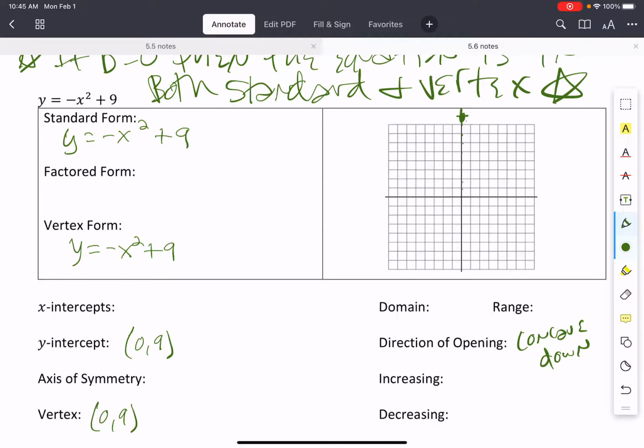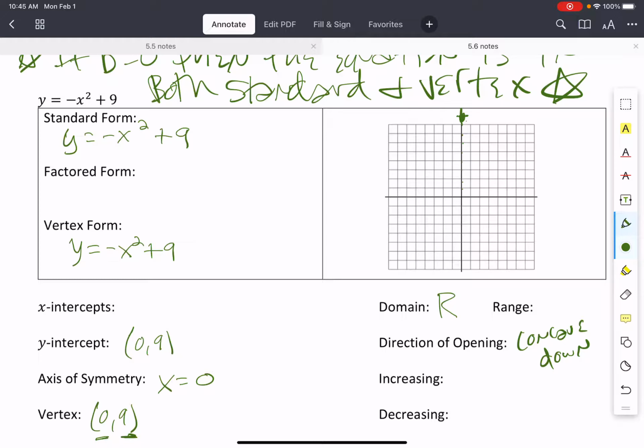We can fill in like almost everything else already, right? Axis of symmetry is going to be at x equals 0. Why? Because there's no B. Good. My domain is R. I know the range is going to use the vertex point 2.